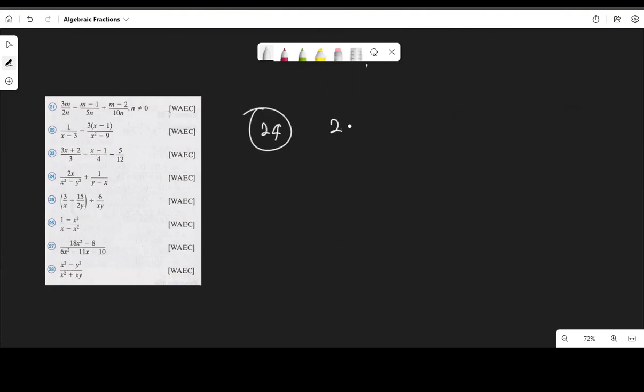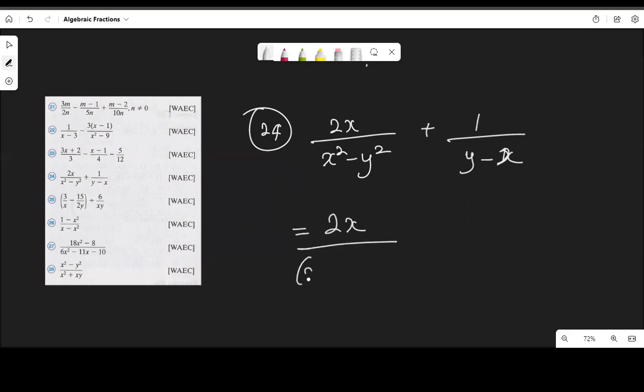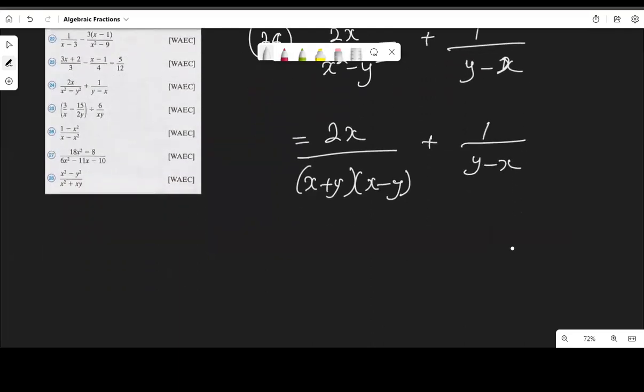Question 24, we have 2x over x squared minus y squared plus 1 over y minus x. Let me factorize this using difference of two squares. So I have 2x over x plus y and x minus y plus 1 over y minus x. I want to make this y minus x take this form.